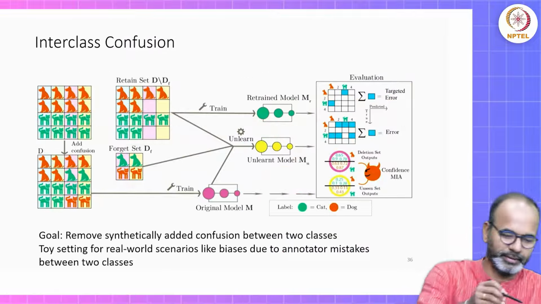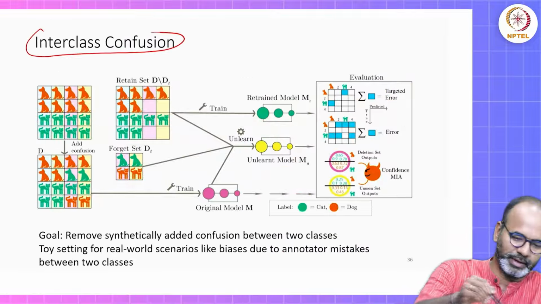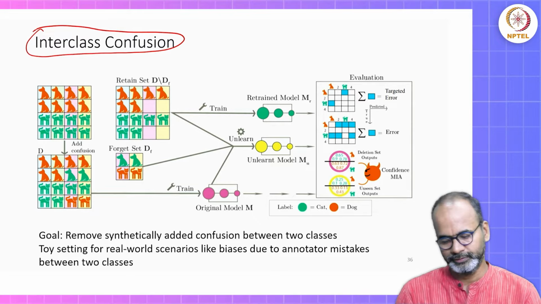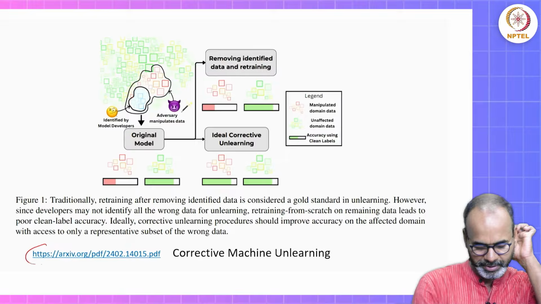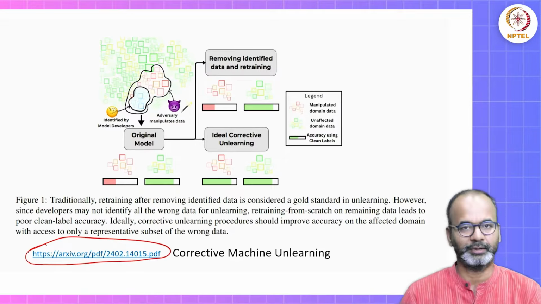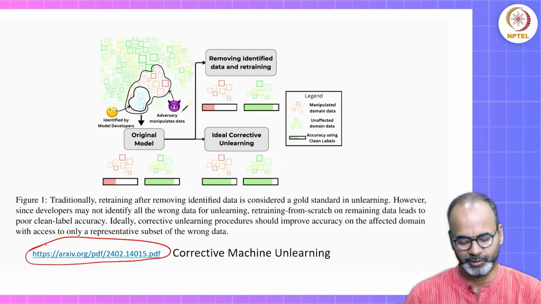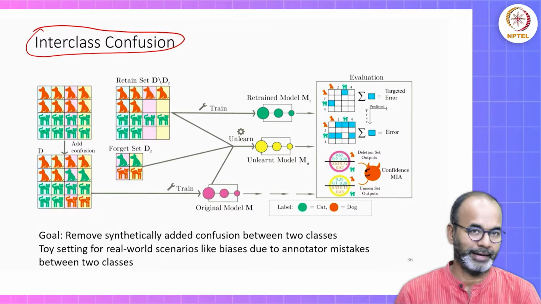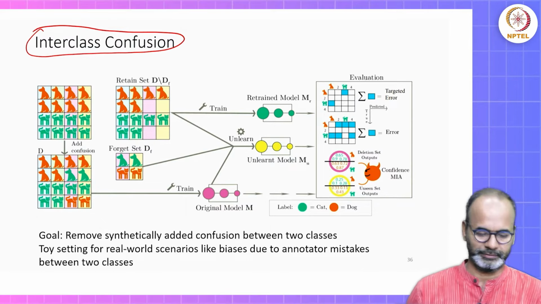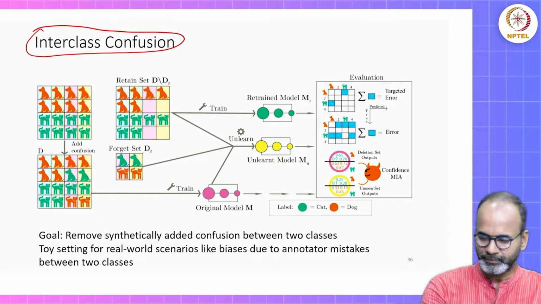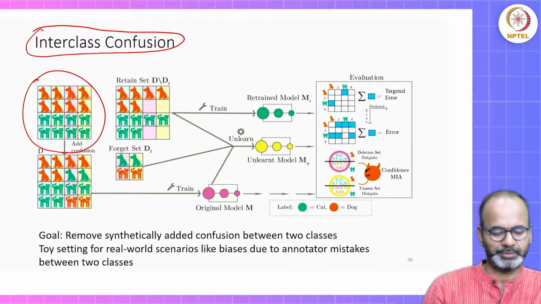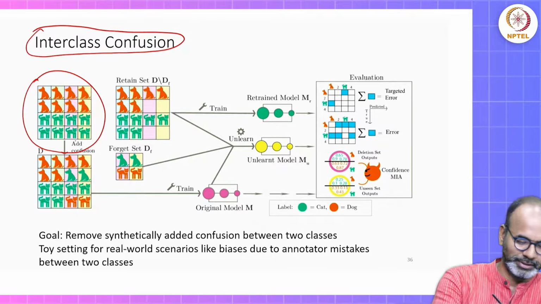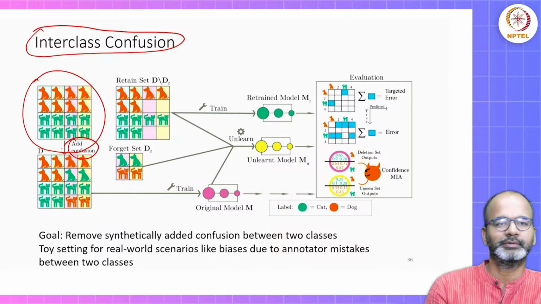Here is one idea, interclass confusion. Again, I put the references to the paper here. Please go take a look at it if you're interested, but here is the idea for interclass confusion. I'll go through everything in this slide. So this is the data that the model has been trained on. You want to actually add confusion.